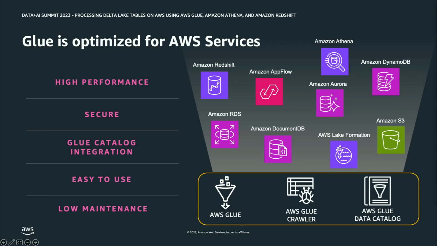So in other words, Amazon Athena and Amazon Redshift can query Delta Lake using the AWS Glue catalog. I would like to talk about the Glue Data Catalog in more detail.